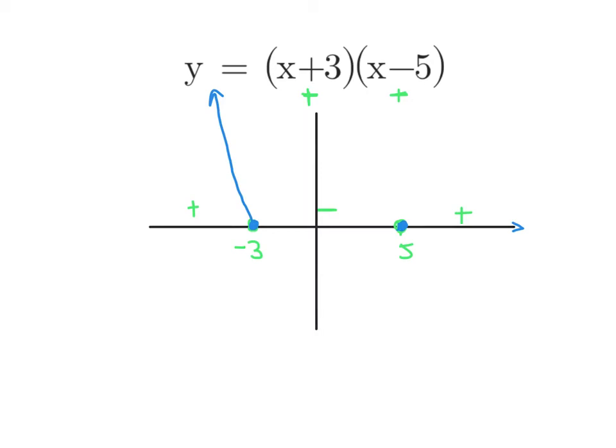But we have to connect our two x-intercepts. So our graph is going to be negative, meaning it'll be below the x-axis, so down here, but connecting our two x-intercepts. After that, our graph is going to be positive, so it goes up like this. And we get that parabola that we were expecting.